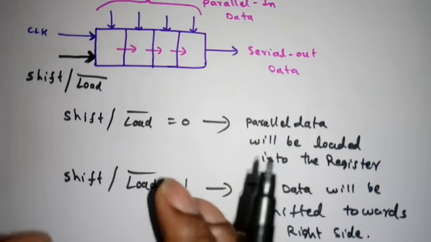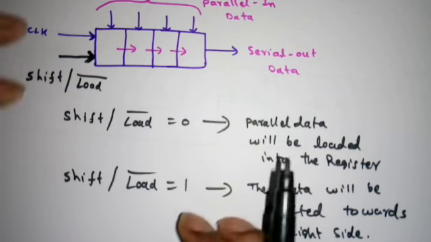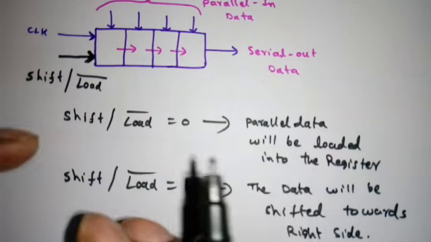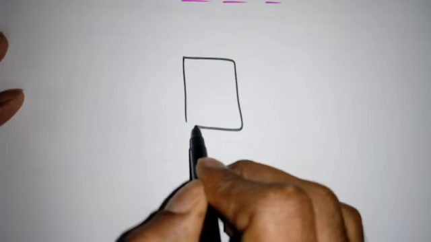Now if you remember, which type of combinational circuit will perform this operation? We have two operations, one is load, one is shift, but one at a time. So which combinational circuit will perform that? It is nothing but a multiplexer, right?